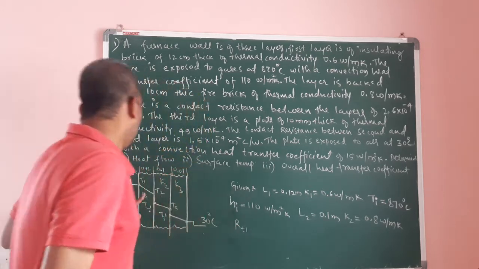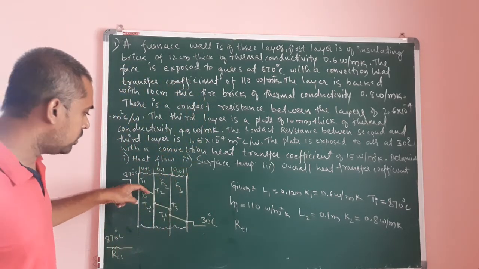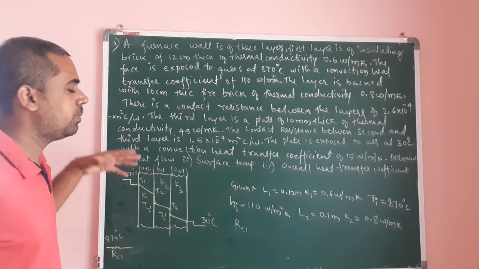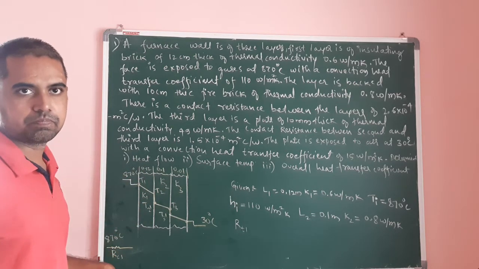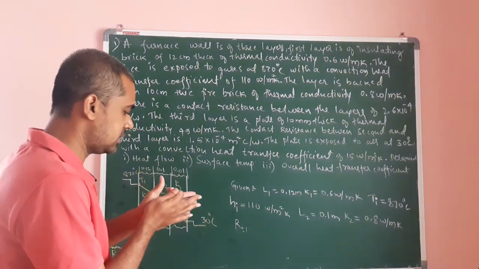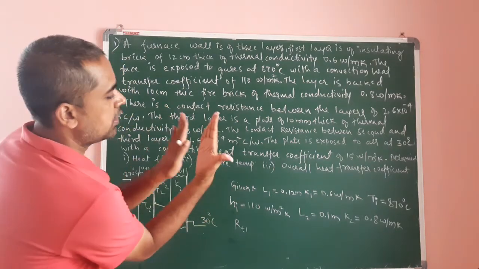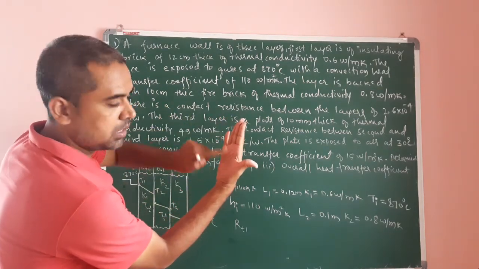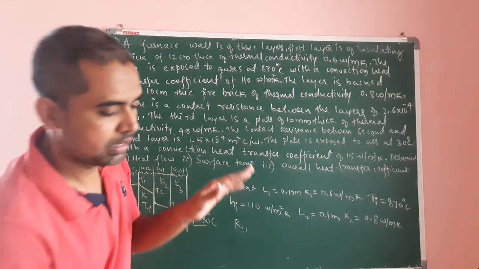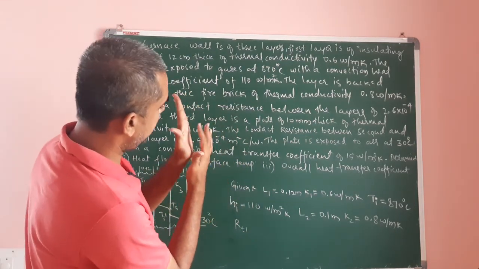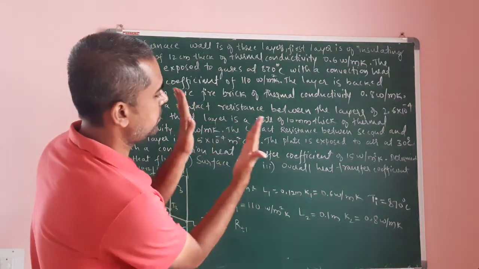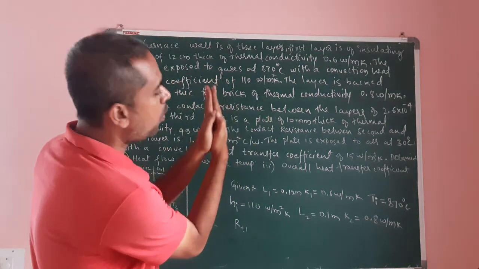Okay. Remember, due to that thermal contact resistance, there will be drop in temperature when we join two surfaces. Okay, if this is one surface, and this is the another surface. If we join these two, what happens?